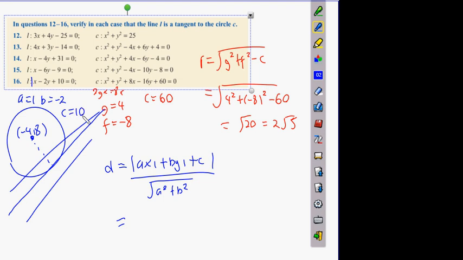Then we're going to get 1 times x1, y1 for this one: 1 times -4, minus 2 times 8 plus 10, all over the square root of 1 squared plus 2 squared. What that's going to get me is -4, -16, -20. Is it -10 over root 5?